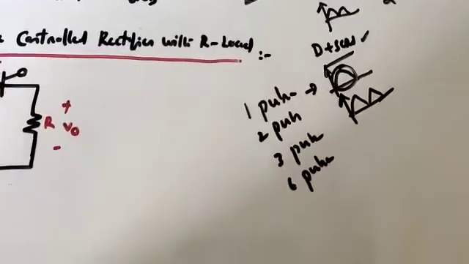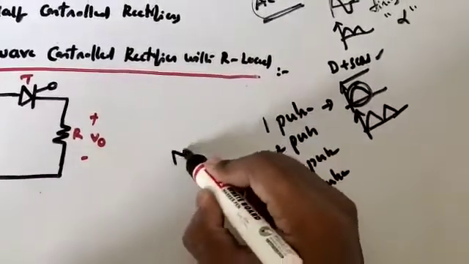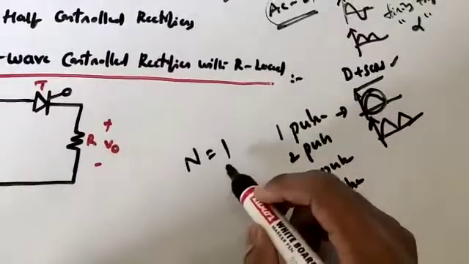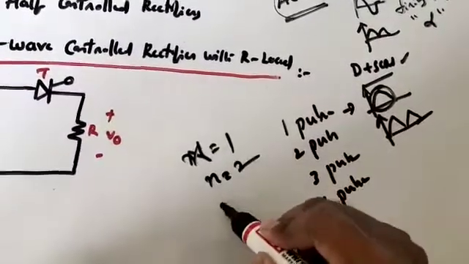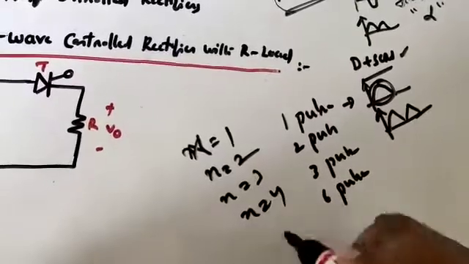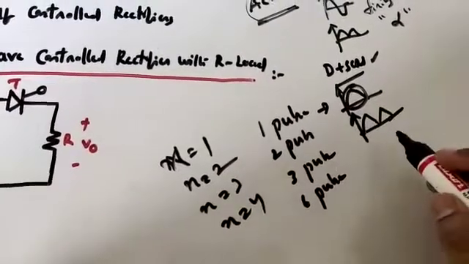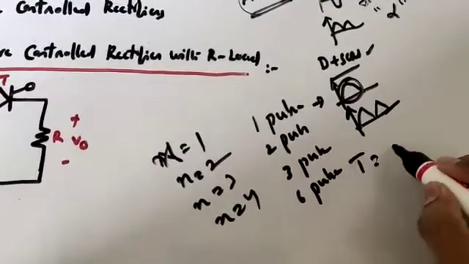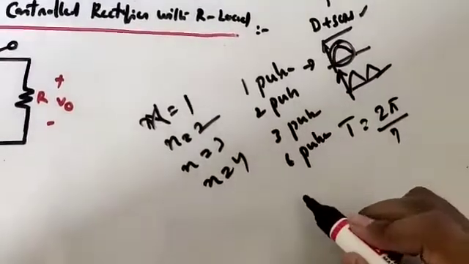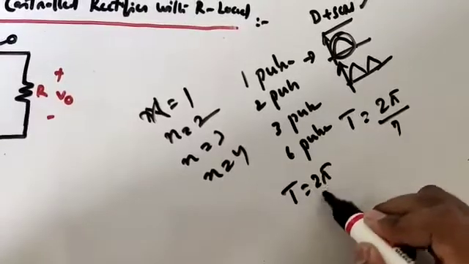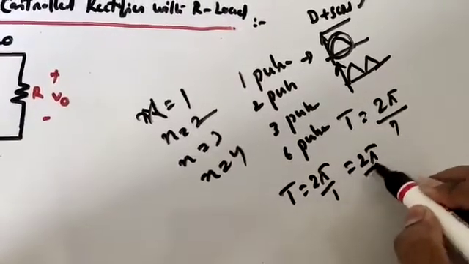So as it is 1 pulse, n is equal to 1, and as it is 2 pulse, n is 2; for 3 pulse, n is 3, and for the 6 pulse, n is 6. Understood? So what is the time period? The time period is given as 2 pi by n. For a 1 pulse converter, T equals 2 pi by 1, which is 2 pi.